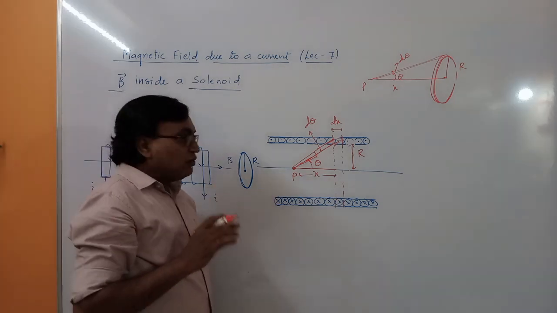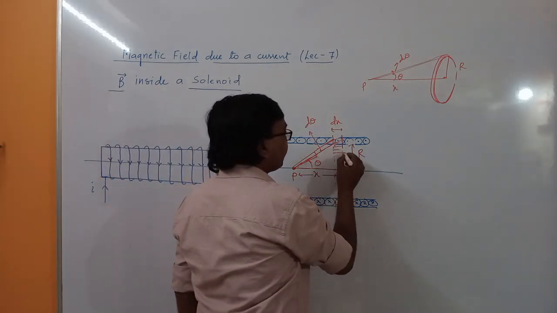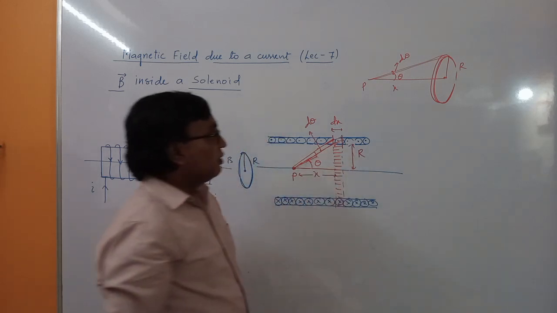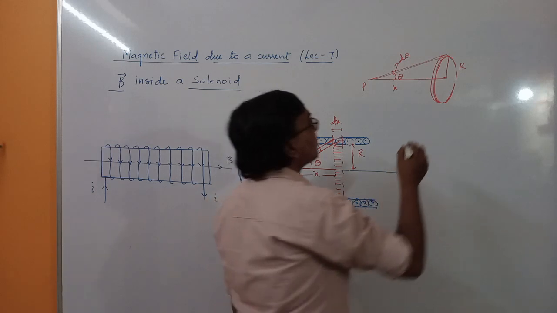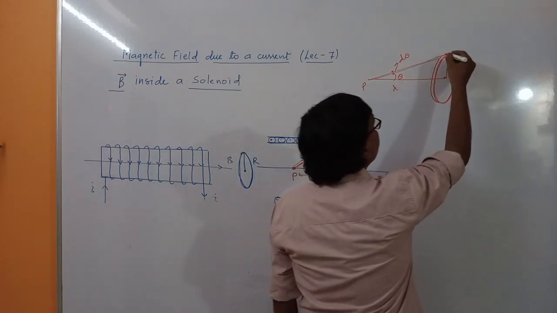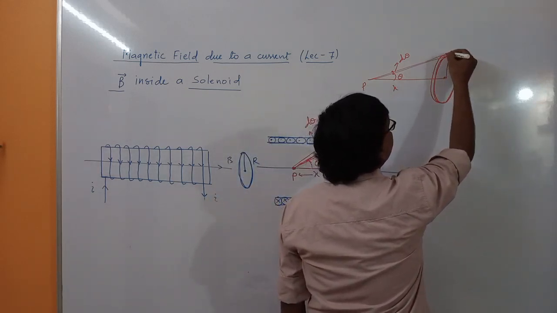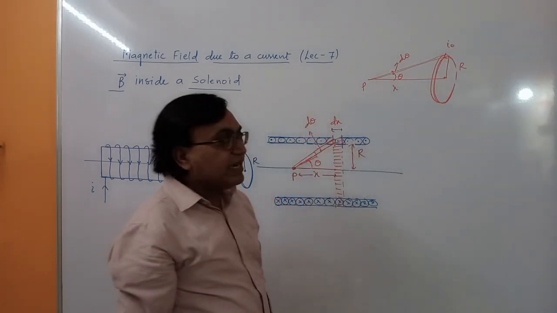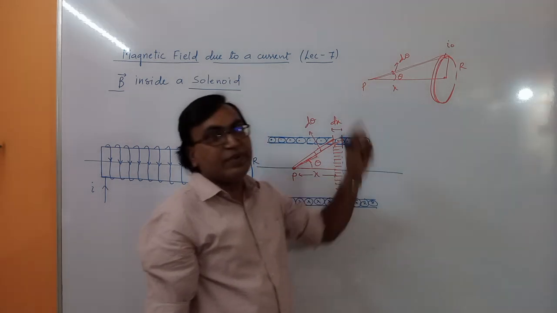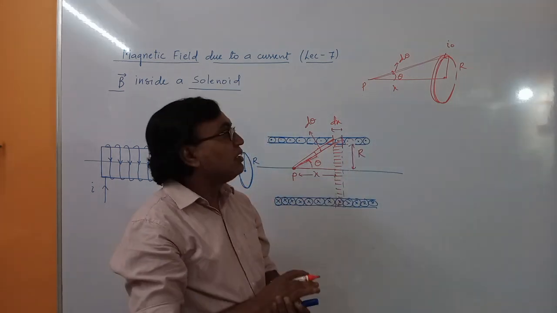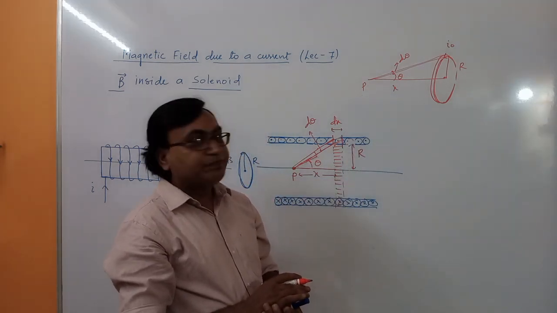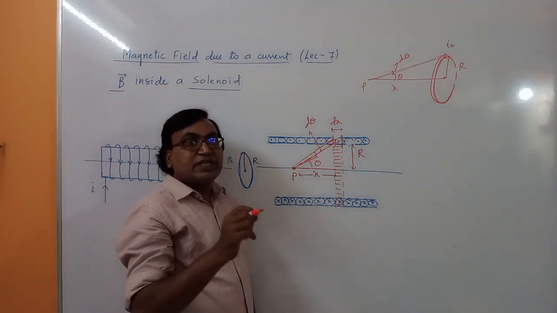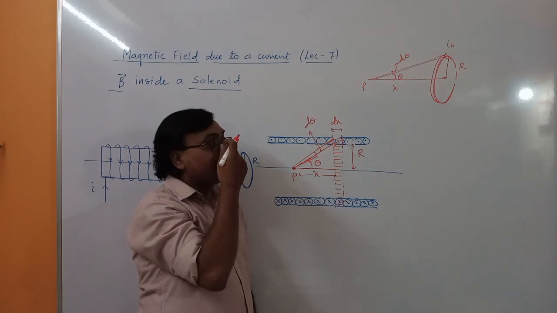Now we have to find out. So this is a ring. Suppose some current is flowing through this. Let us say the current flowing through this is I naught. Then the magnetic field due to this ring at point P is what we have discussed: the magnetic field due to a circular loop at a point on its axis at a distance of x.